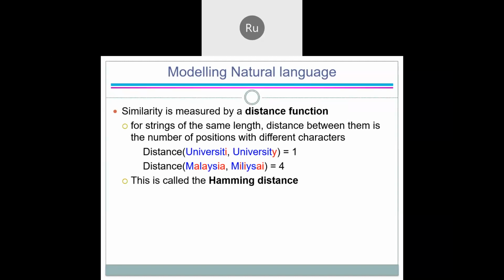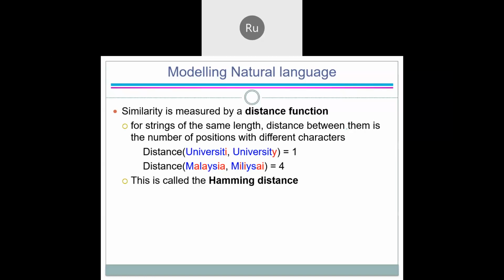The distance between them is the number of positions with a different character. So you just identify how many characters are not the same. If all of them are the same, the distance will be 0. If none of them are the same, it will be the number of symbols that do not match. This is what we call Hamming distance.